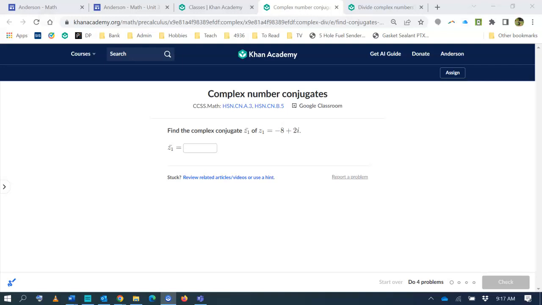So the conjugate of negative 8 plus 2i is negative 8 minus 2i. That's it. It is not that hard. The hard part is understanding that conjugate means two things. One, our i is in the back, and two, you need to flip the sign. So negative 8 minus 2i.